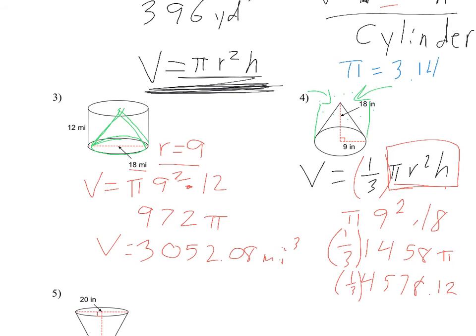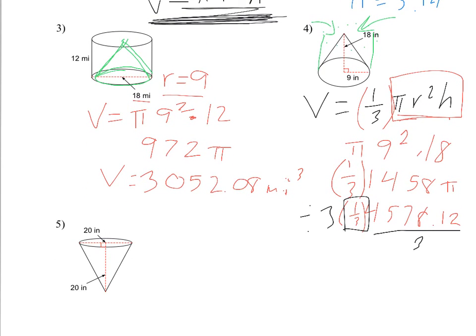To deal with that, don't think of it as a 1/3, just think of it as dividing by 3. So we're going to take this whole thing here, 4,578.12, and we're just going to divide it by 3. And we're going to get an answer that is equal to 1,526.04.